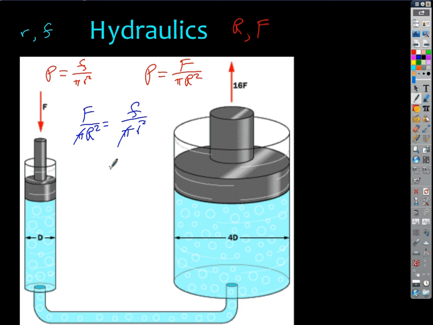So we can multiply both by pi and get rid of those. All I got to do is multiply both sides by R squared, right? So F equals big R squared over little r squared times the input force.